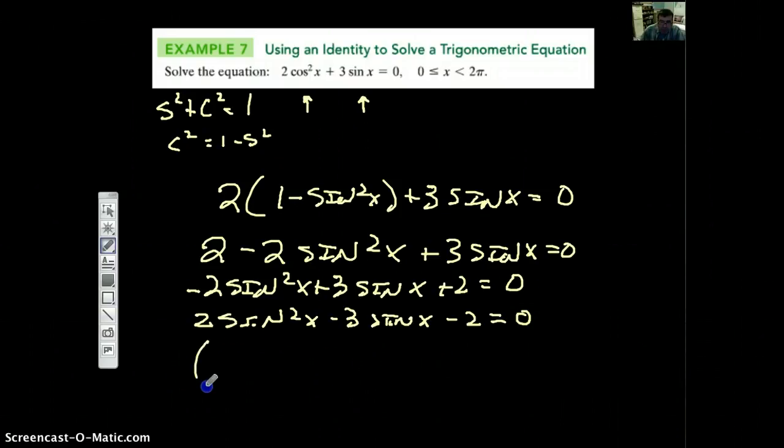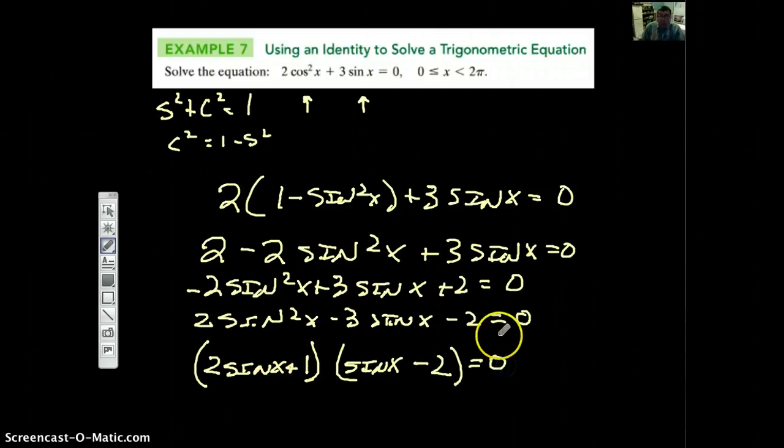I think I can factor this. I know I can. This is 2 sine x. This is sine x. Now I need a 3. I can get a 3 if I have a 4 and a 1. I need a negative 3, so that's got to be minus and that has to be plus.